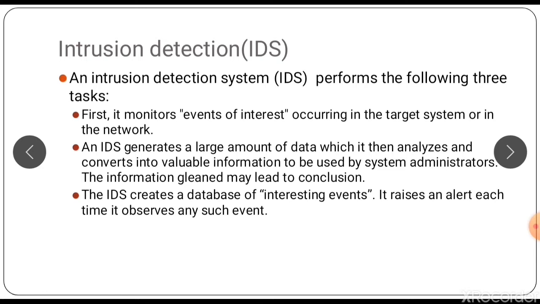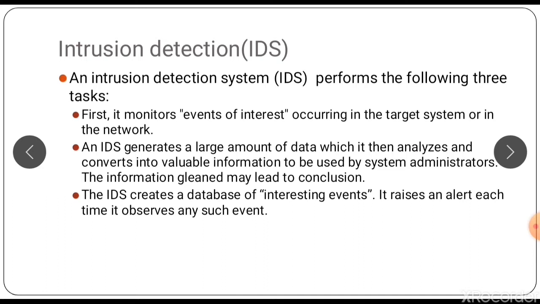Another event of interest may be an attempted establishment of a TCP connection from a specific IP address to a certain port number. An IDS generates a large amount of data, which is then analyzed and converted into valuable information to be used by the system administrator.